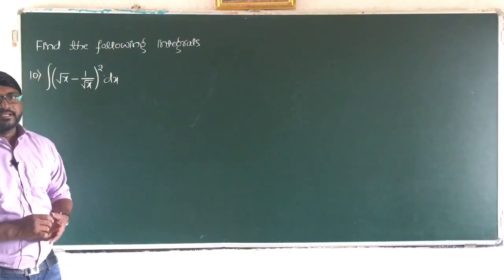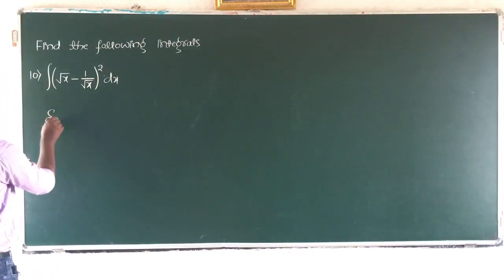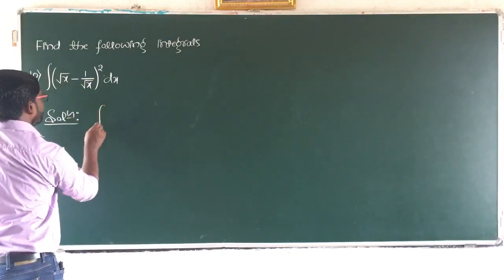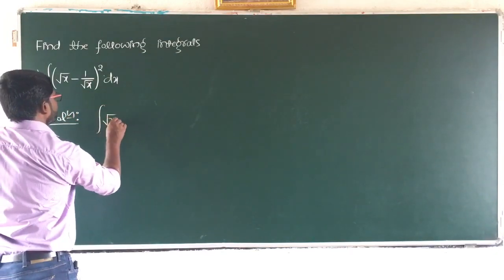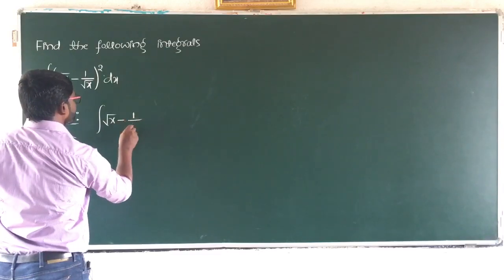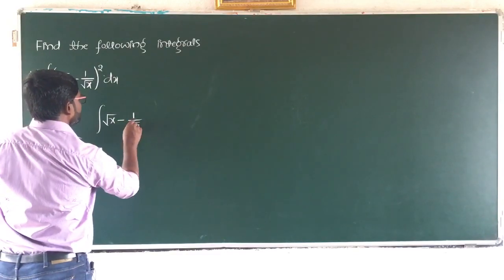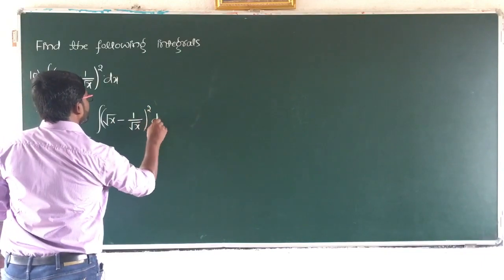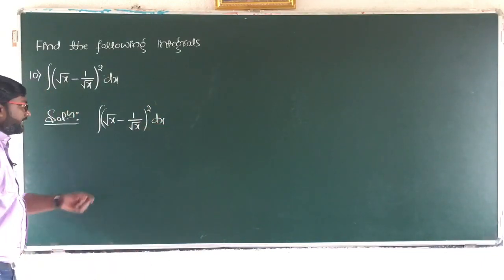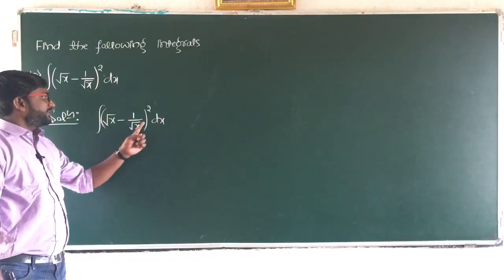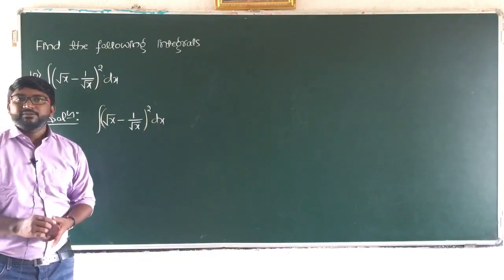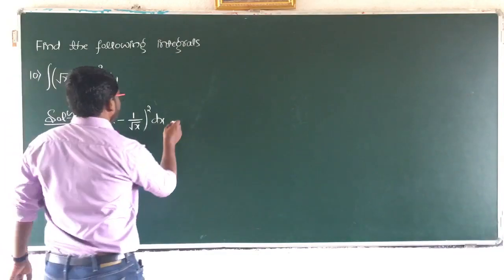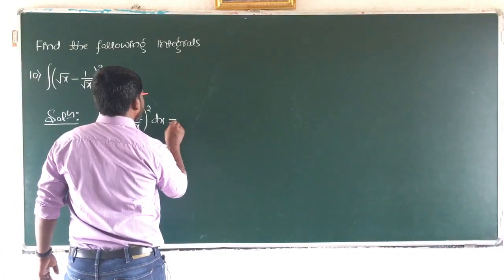So let us solve the 10th problem. Write the given integral: integral root x minus 1 by root x the whole square dx. Now it is in the form of a minus b the whole square. What is a minus b the whole square? It is a square plus b square minus 2ab. That I will expand now.